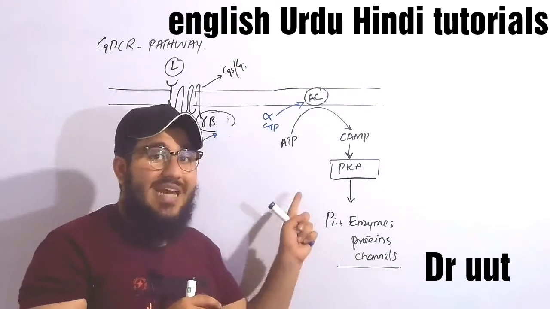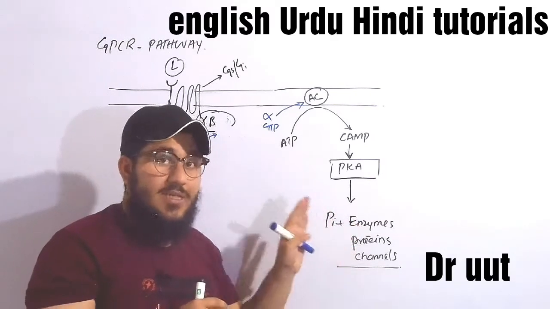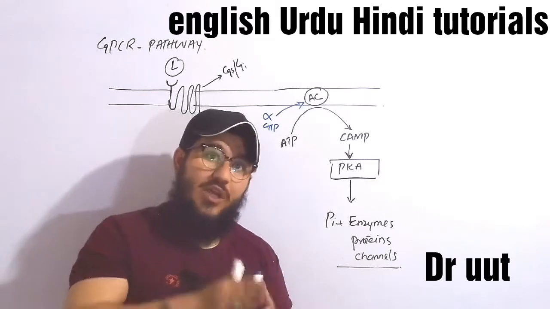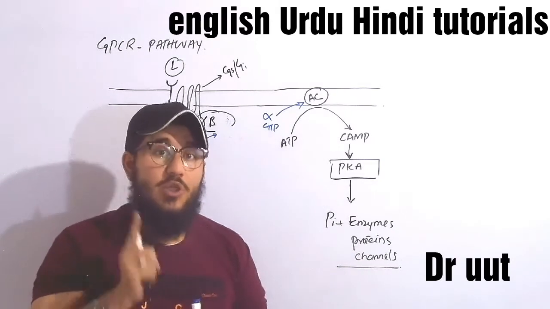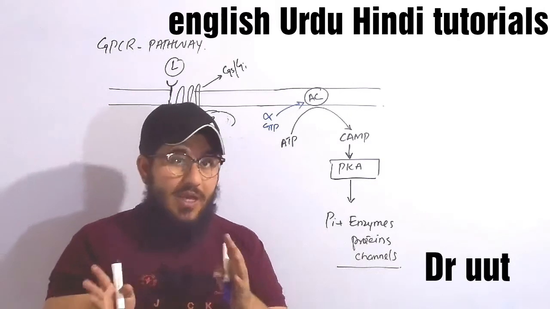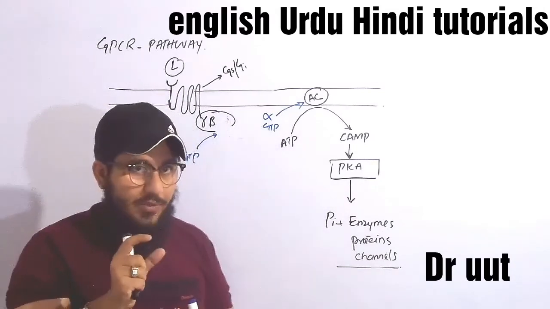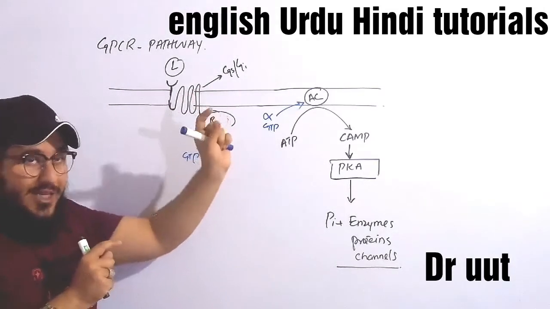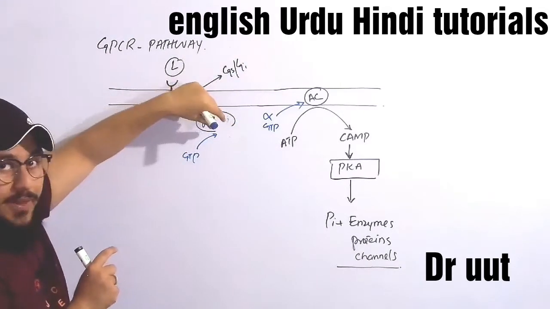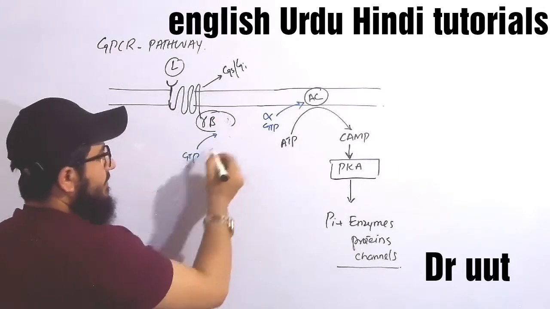And when the phosphate is added, sometimes the enzymes, proteins, or channels will become inactive due to phosphorylation. And sometimes due to phosphorylation, these will become active. Now what is the logic behind activation and deactivation? Very simple. In the beginning we told you that GS, GI, and GQ are the subtypes of the G protein. Suppose this receptor is attached with the G protein which is GS coupled.